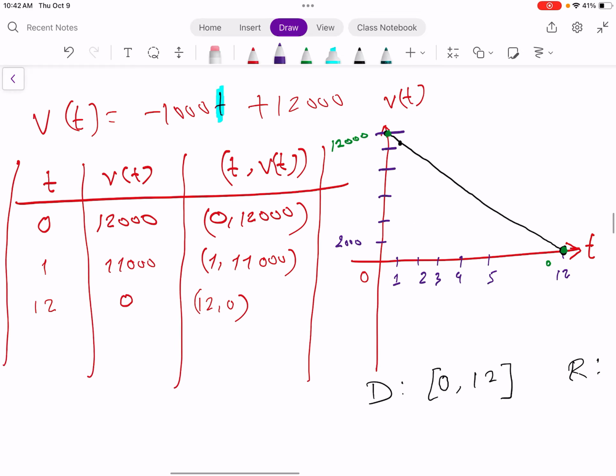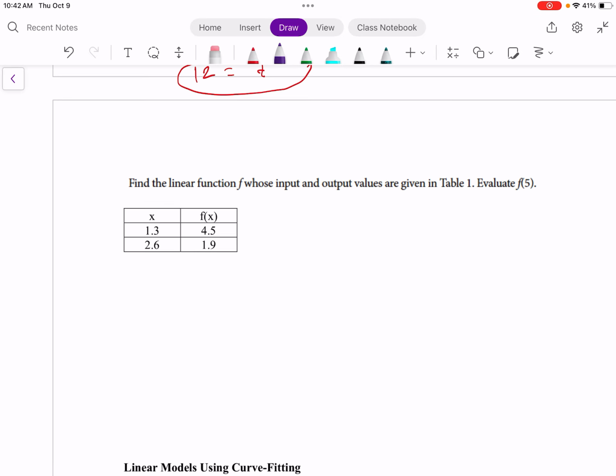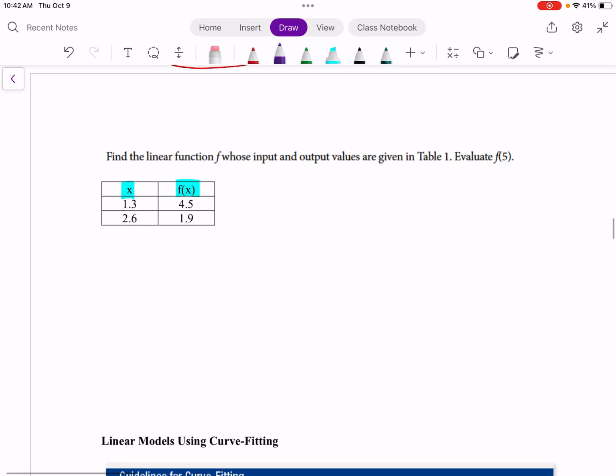Okay, now here in part 3, our input is x, our output is f of x. So let's write down our input and output together. So 1.3 is input, 4.5 is output. We have 1 point. For the second, 2.6 is input, 1.9 is output.